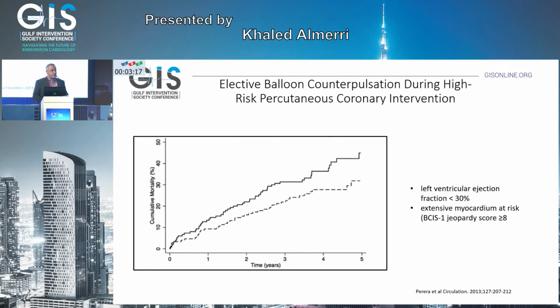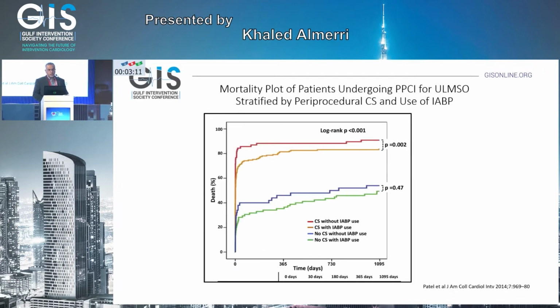In this paper, patients who had an intra-aortic balloon pump benefited from it. Our left main occlusion patients usually present with LV dysfunction and extremely high risk. If we look at the graph here, if a left main patient presents with cardiogenic shock, the intra-aortic balloon pump showed a mortality benefit if you use it.